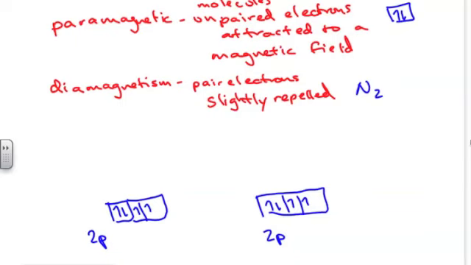Now, 3 orbitals from each atom, 6 orbitals, can make 6 bonding and anti-bonding molecular orbitals. So remember, we have that sigma that comes from 2p. We have 2 more p's to deal with, so we have pi 2p.